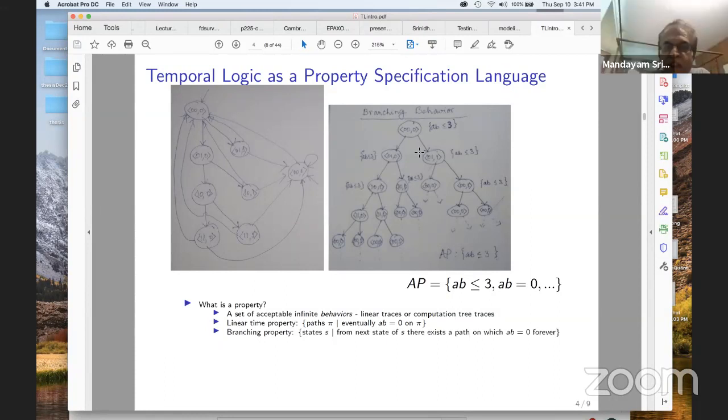Are there paths in the branching behavior that violate this property? This property is saying it's a set of traces. Give me some paths in this tree where eventually a b is 0. I think in all paths, a b should eventually be 0, right?